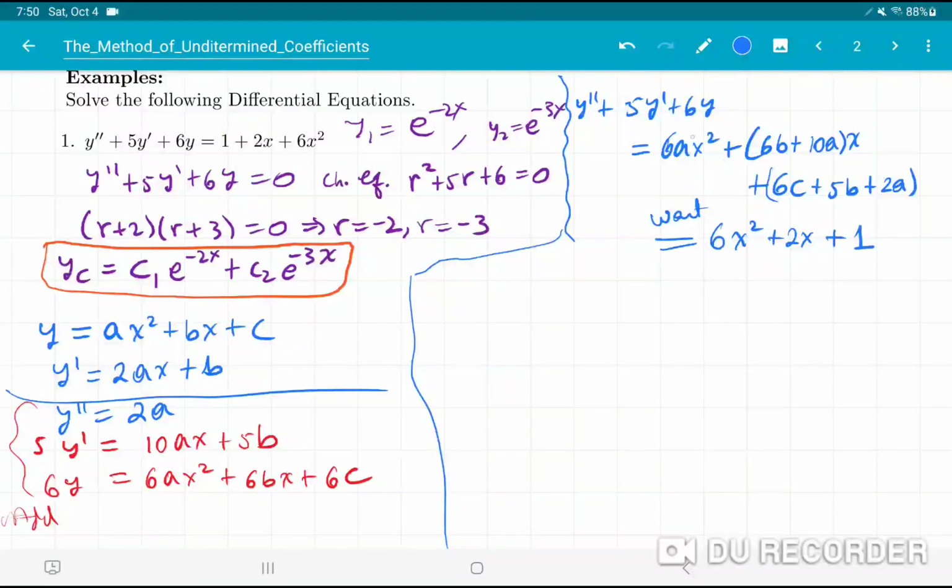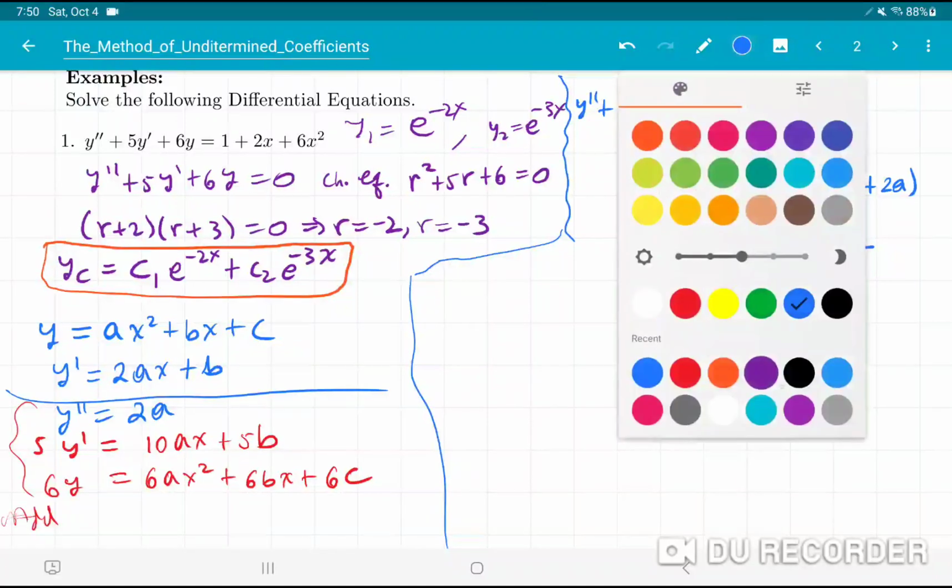All right, so this is one quadratic polynomial, and this is another quadratic polynomial. They should be equal for all x. When two polynomials are equal for all x, then the corresponding coefficients must be the same. So the coefficient for x squared is 6a. That should equal the coefficient for x squared on the right side, which is 6.